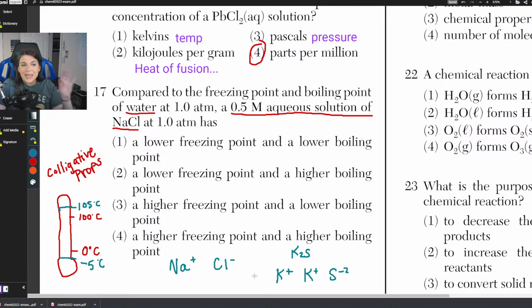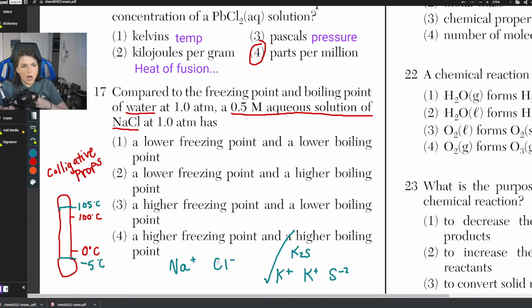If I had an equal number of moles of sodium chloride and potassium sulfide dissolving in water, this would have the greater effect. It would expand the liquid phase more dramatically because we have 3 particles interfering with the water's original physical properties, whereas here I only have the sodium and the chloride. I only have 2 particles interfering with those properties.